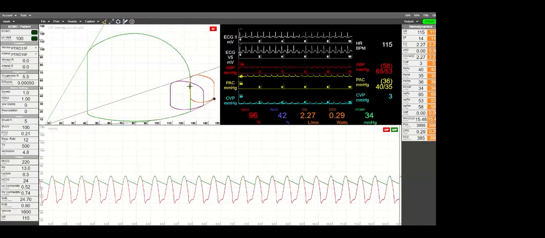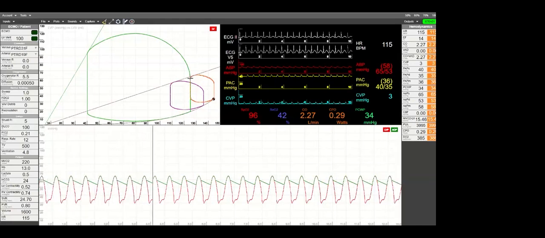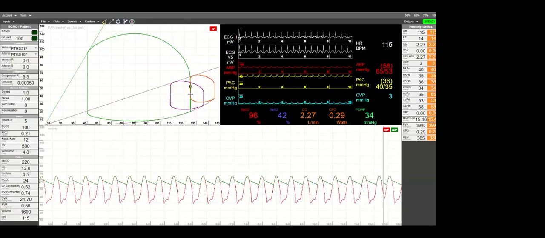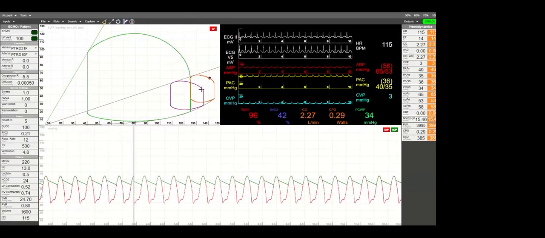And we also see our end systolic volume. So the closure of that aortic valve occurs here. So as that resistance becomes greater and greater, that aortic valve is going to close earlier. We're going to have a higher end systolic volume, and we're going to have a smaller stroke volume.